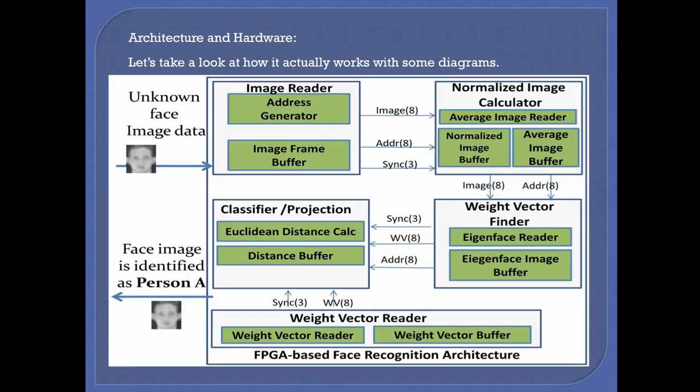And then the weight vector reader is used by the classifier projection module for retrieving the weight vector values that are generated in the training stage, and that is stored in the block of RAM. And then finally, the classifier projection. The classifier module utilizes the weight vectors from the weight vector reader module and the weight vector for the unknown image from the weight vector finder module.